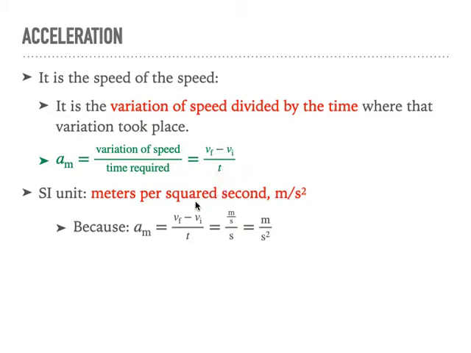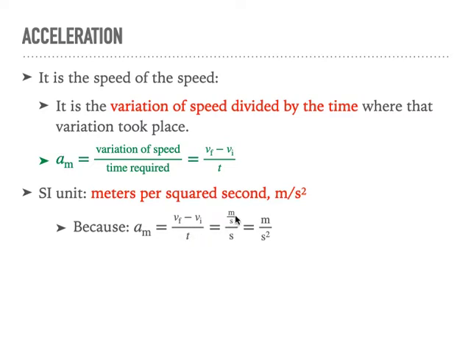And of course, if we do the calculations, then we know that the speed or velocity is given in meters per second in the international system, and if you subtract, it's going to have the same unit, because you subtract meters per second minus meters per second, the result is meters per second.